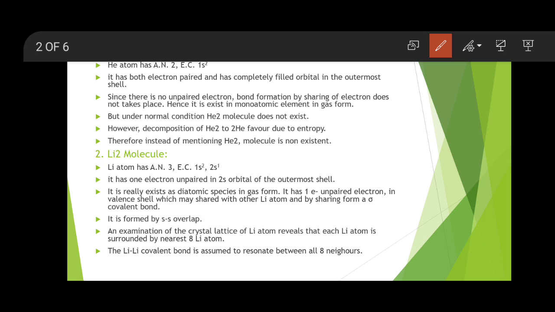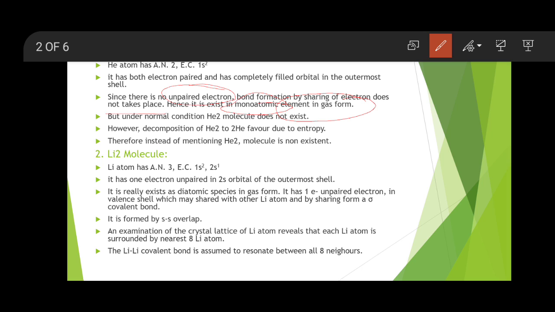Since there are no unpaired electrons, bond formation by sharing of electrons does not take place, because it doesn't have any electron to share with another. And therefore in nature helium exists in monoatomic form, as a monoatomic element in gaseous form.